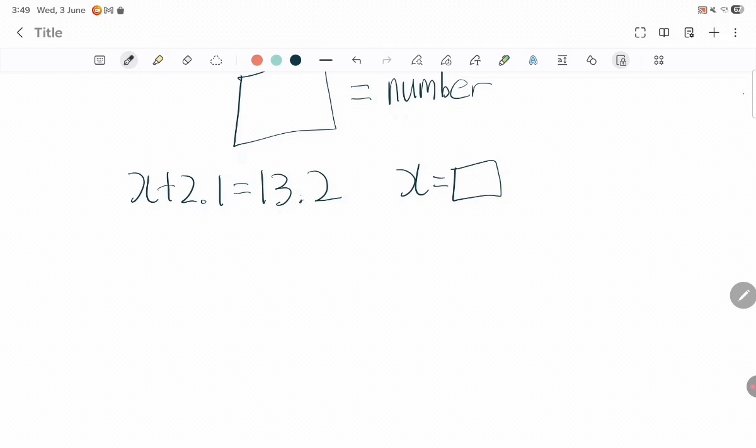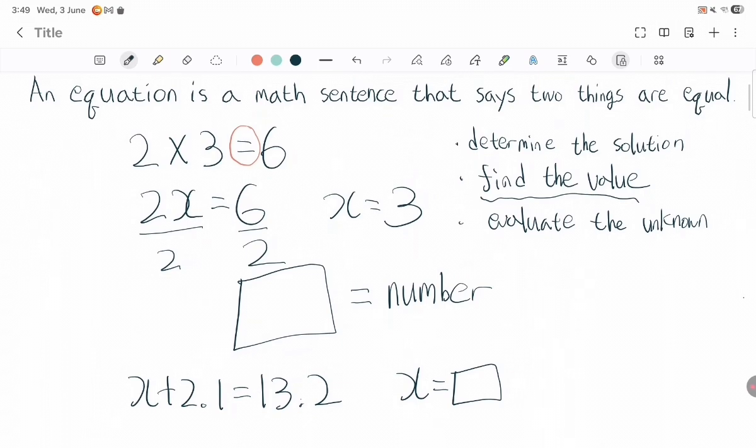This is what we want to find. You can look here: determine the solution, find the value, evaluate the unknown. These actually mean the same thing. Just find the value of some unknown number in the equation.